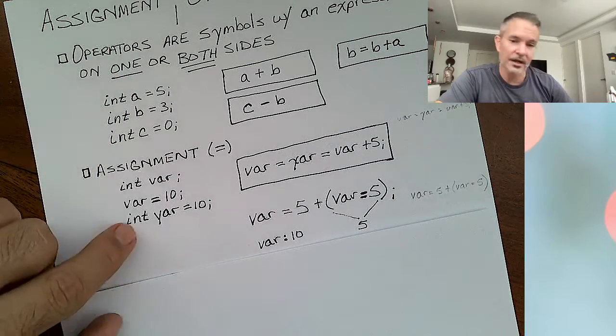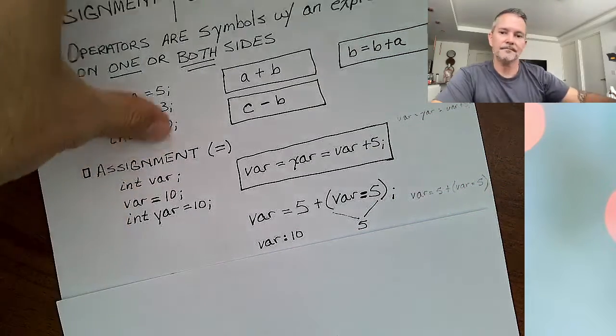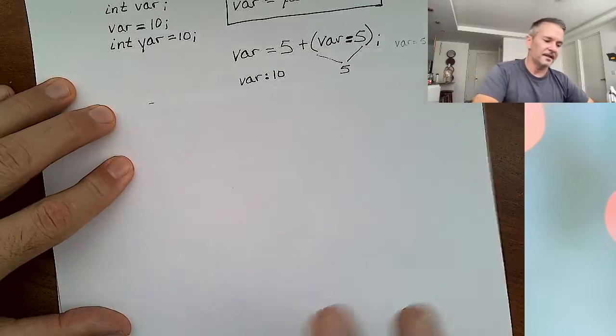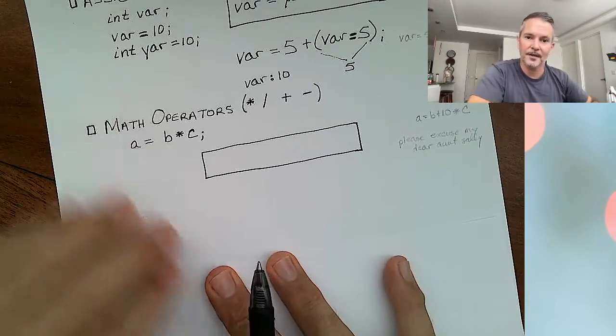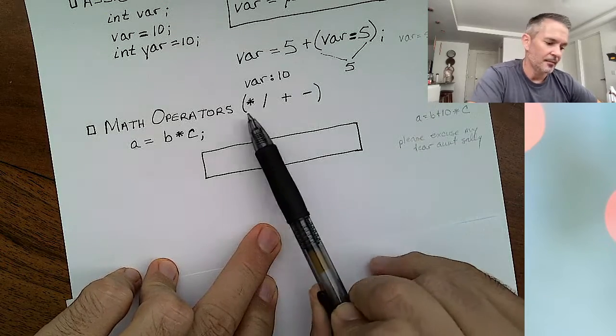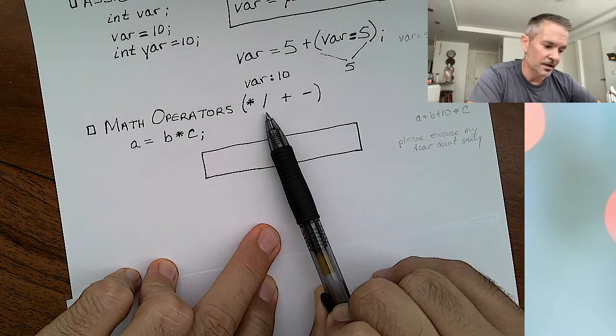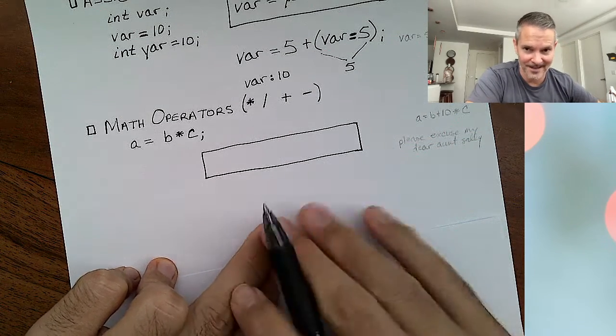But normally you're going to see assignments like this and like this. All right, let's move beyond the assignment operator and look at the math operators. The math operators are just like you would expect. Multiplication, division, addition, and subtraction. And there's one more, which we'll talk about in a second.